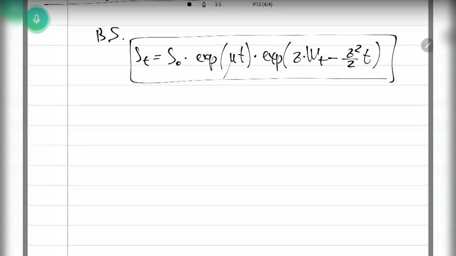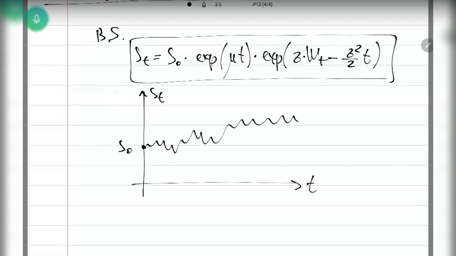Now let's consider the discounted share price. In the Black-Scholes model, the price of a share is positive. It starts at S_0, it fluctuates, and it can't be negative, because we have exponents.